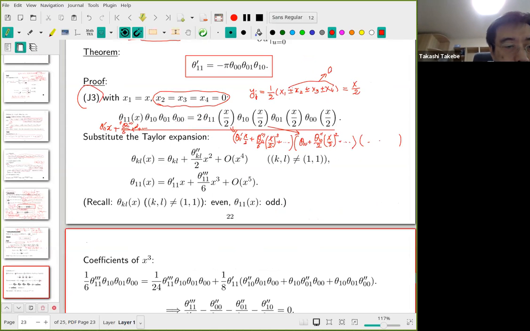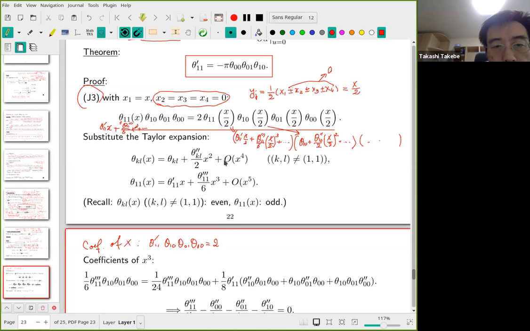So this is theta 1 x times theta 1 0, theta 0 1, theta 0 0, and the right hand side becomes 2 here, and so x appears here, and all the other terms include x more than twice.